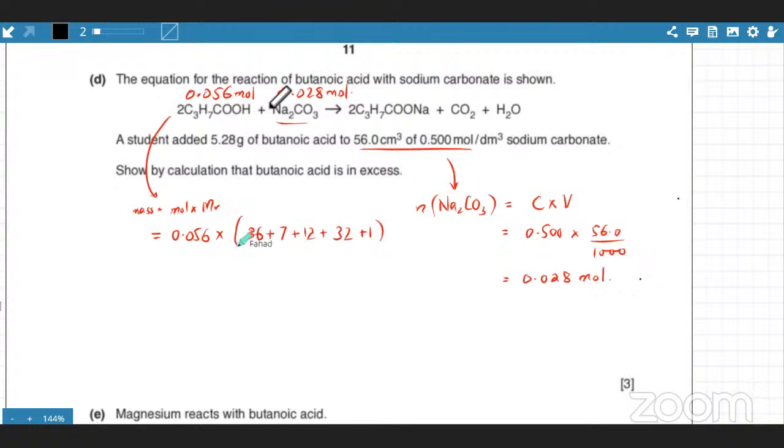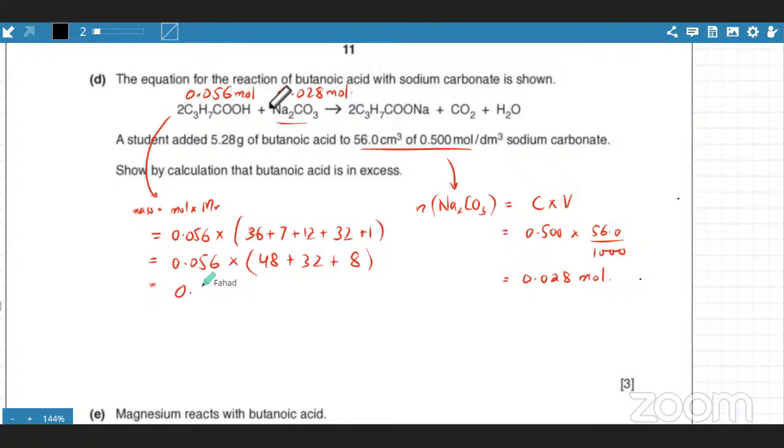Let me simplify this before moving to the calculator. 36 plus 12 is 48, plus 32 plus 8. So 48 plus 32 is 80, and that would be 88.